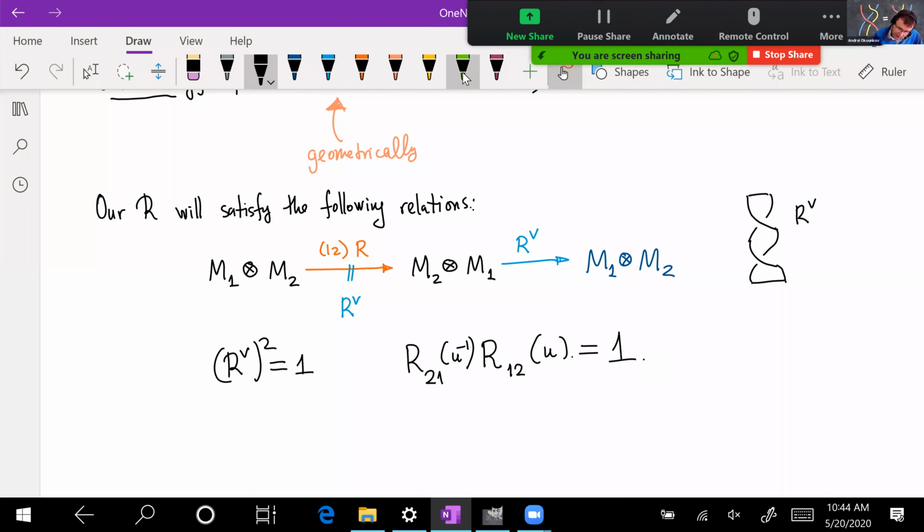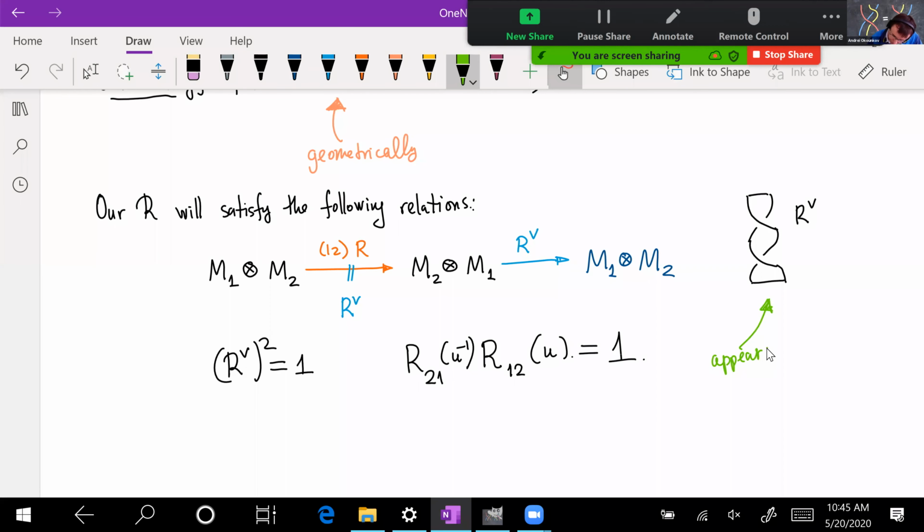This sort of picture appears usually in works on R matrices without spectral parameter.